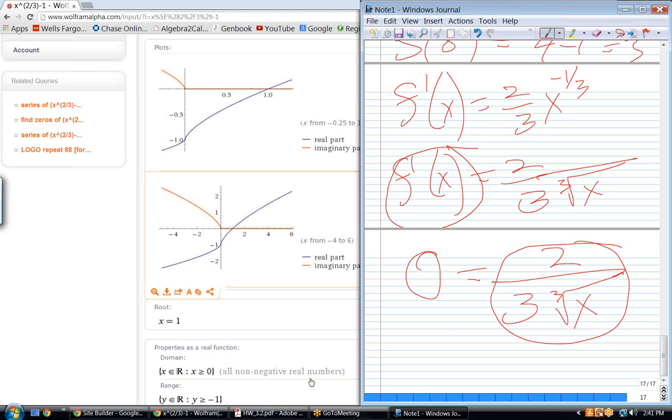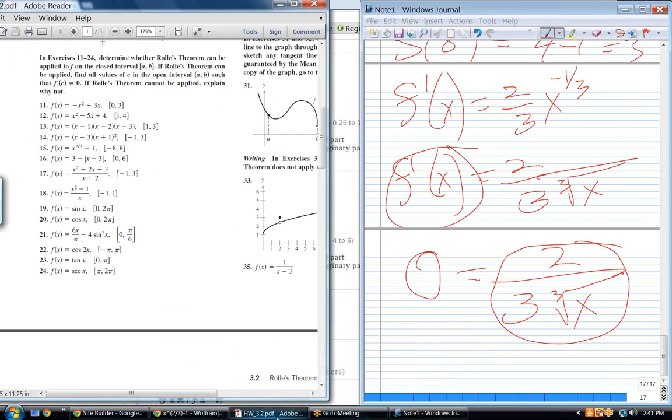I would love to look this problem up in my book. Let me see if I have this one. This is 15. It's odd. My problems are a little different than yours. They switch them up on me. But 15 is the same.